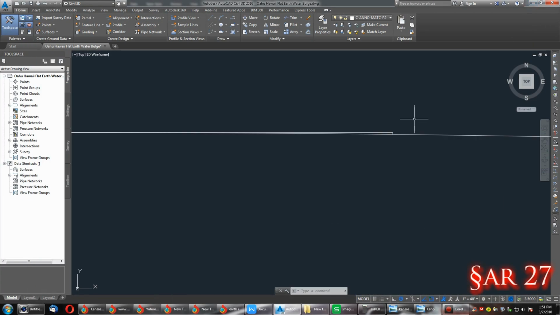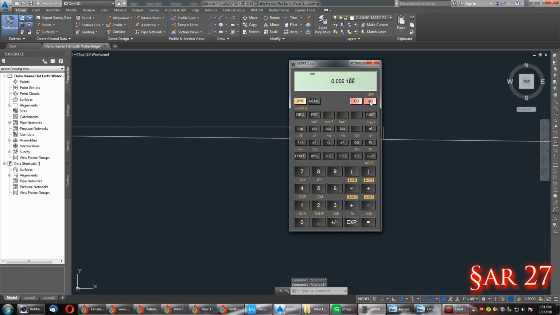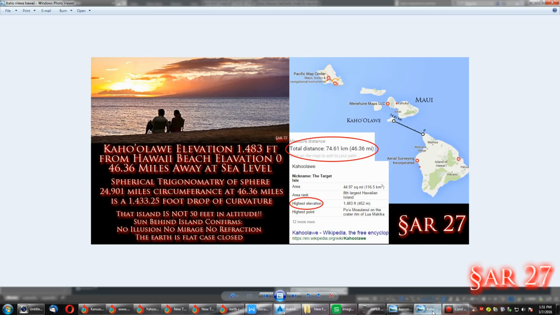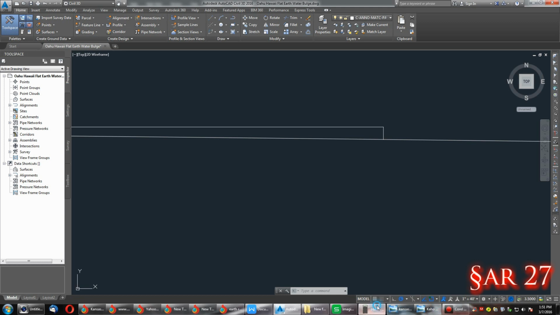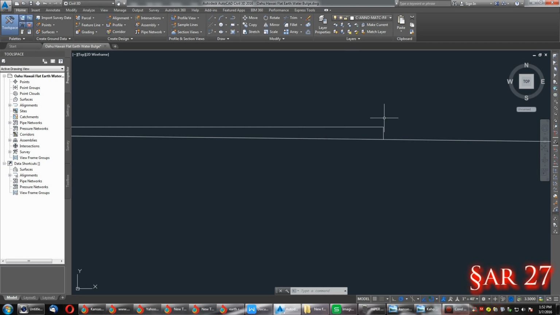So 1,483 feet, I have to convert that to miles. Get my calculator here. 1483 divided by 5280 is 0.28087.